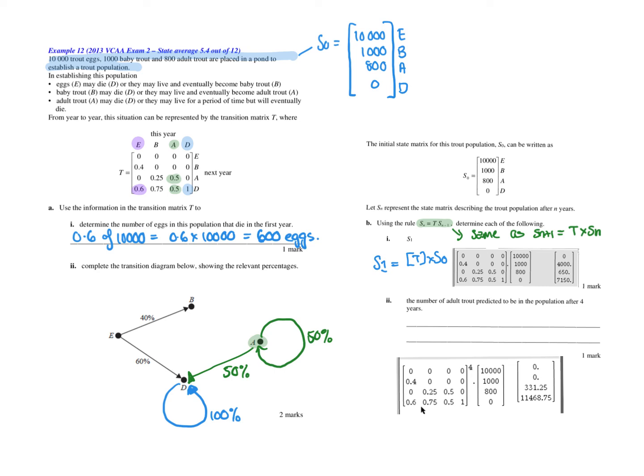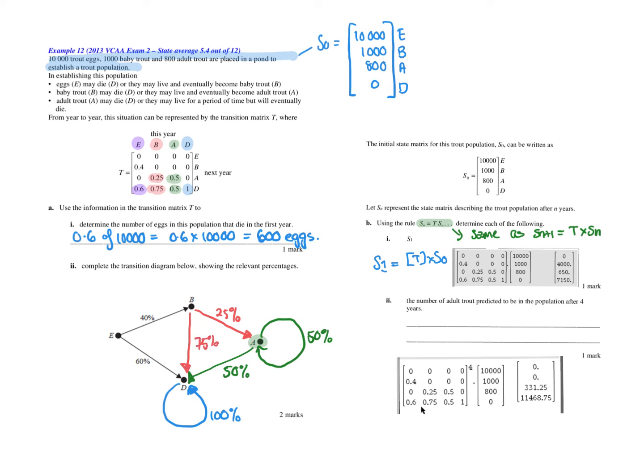We can see that too. So if you're B this year, 25% at A next year. So B goes to adults, 25%. And B to D, we're also missing. B this year, you're dead next year, would be 75%, like that.